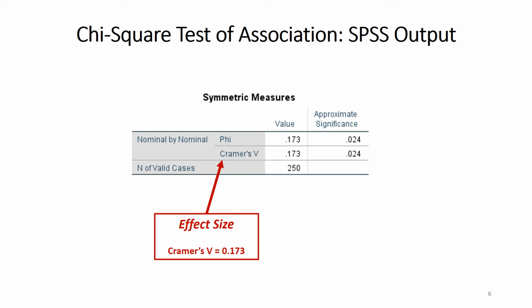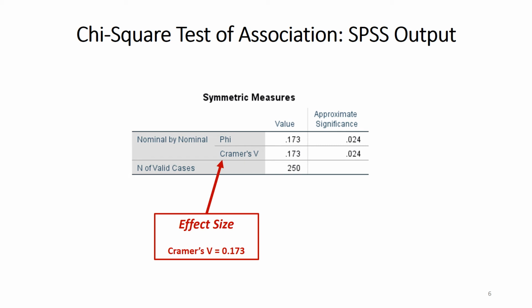That is just SPSS assuming that both of our variables are at the categorical level of measurement and are in fact nominal. So we have two different measures of strength of association or effect size, and these are phi, PHI, as well as Cramer's V.